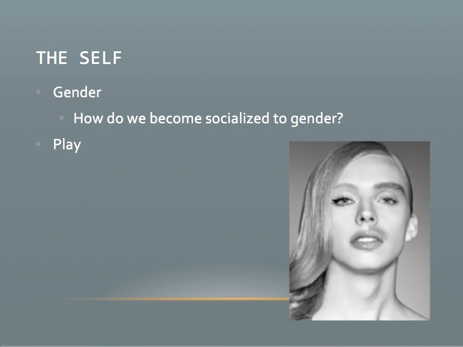So boys tend to spend more time in rough and tumble play. Girls tend to spend more time in organized activities and games and role playing. In preschool, boys tend to play with boys and girls tend to play with girls a disproportionate amount. But girls actually prefer same-sex playmates earlier than boys.